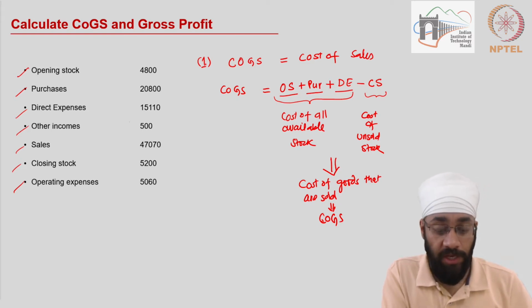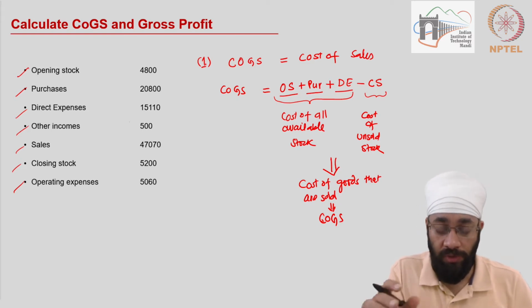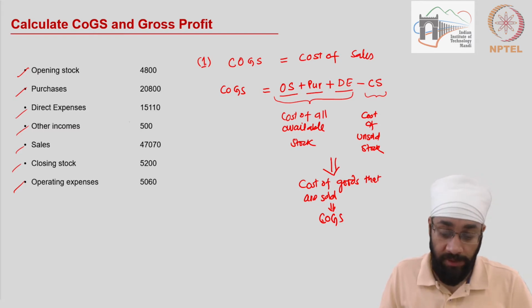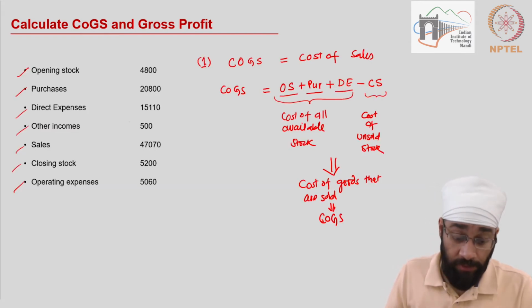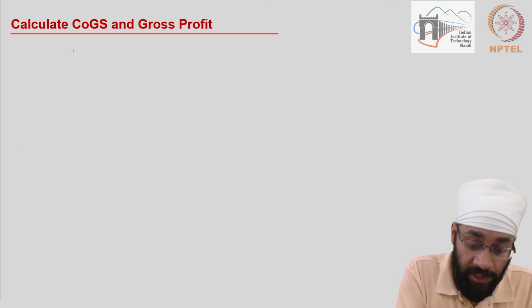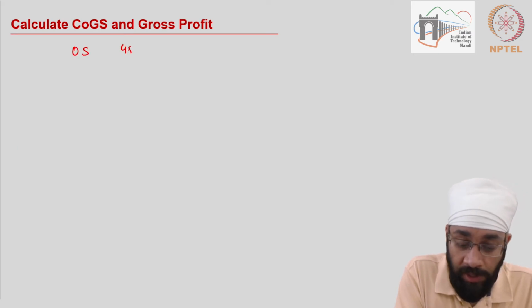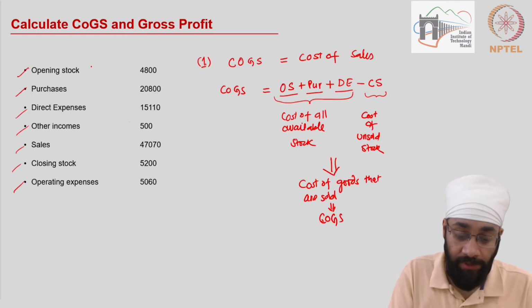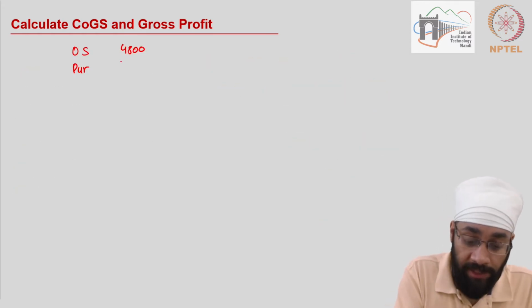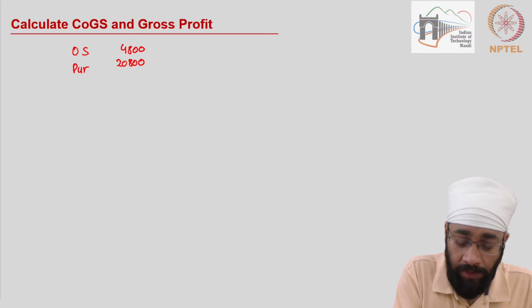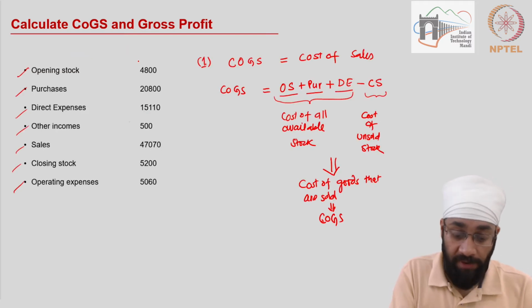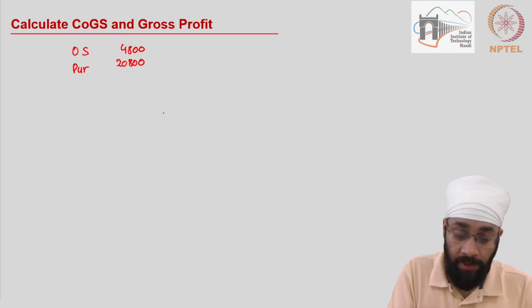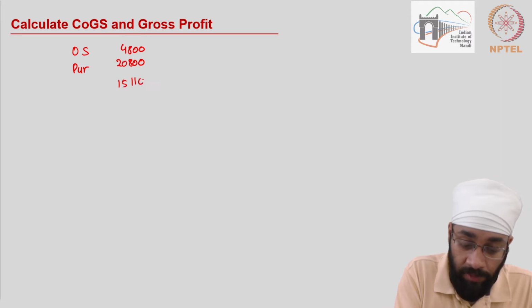Using this formula, we are going to calculate the cost of goods sold in this case. So the opening stock is 4800. The purchases need to be added to this, 20,800. Then you have direct expenses, 15,110.